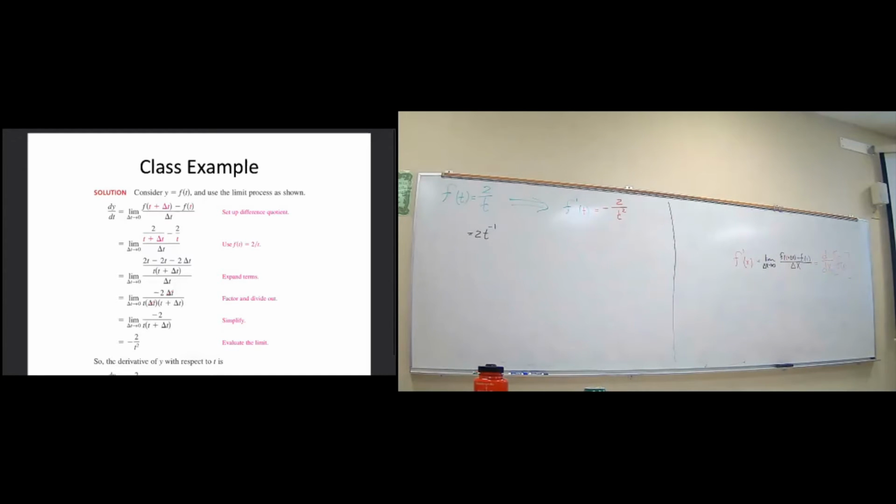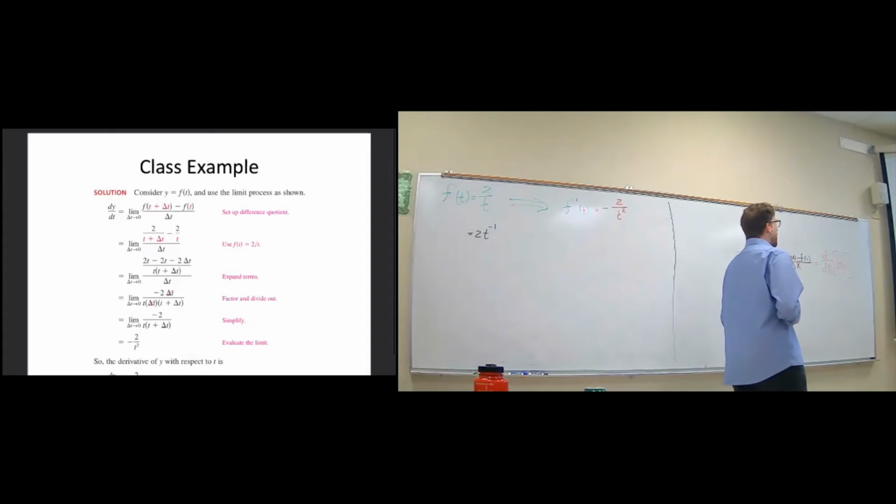We start by saying, all right, we're going to take the function and pass t plus delta t through. That's where we get this first term in the numerator. Then we're going to take the function, subtract that from the function evaluated at t plus delta t. We're dividing all this by delta t.